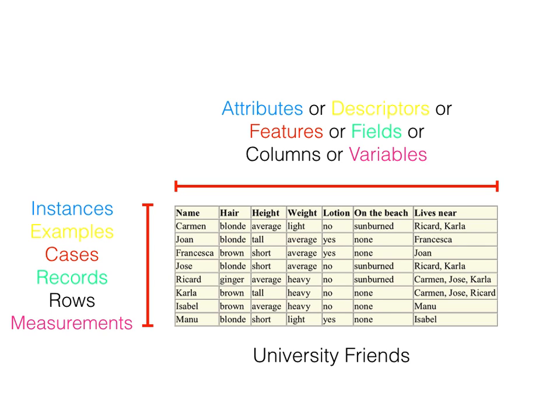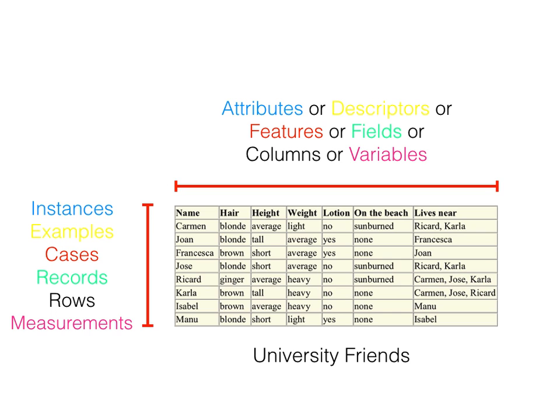We have rows or measurements. And the things that we know about each of these instances can be called attributes, descriptors, features, fields, columns or variables. Often we'll call them rows and columns, or instances and attributes, or features. But all of these words mean the same thing.